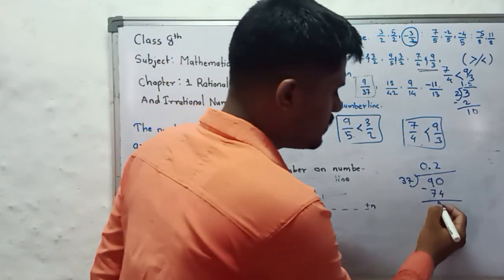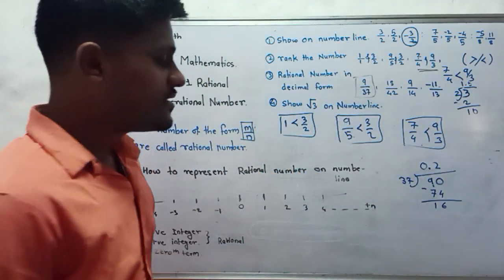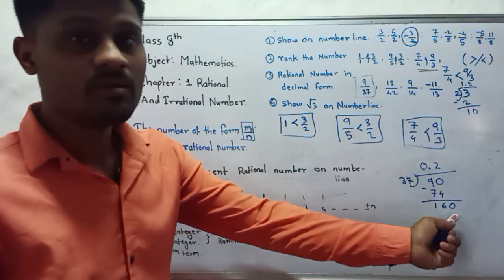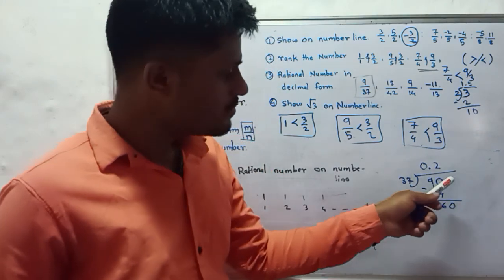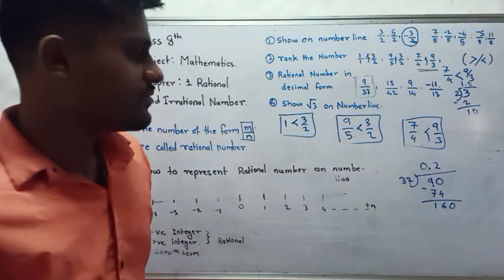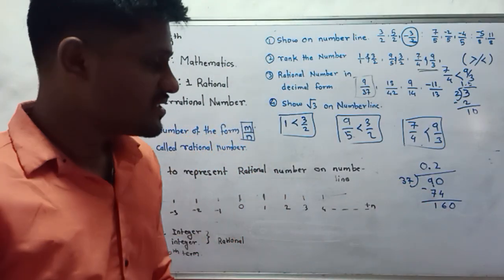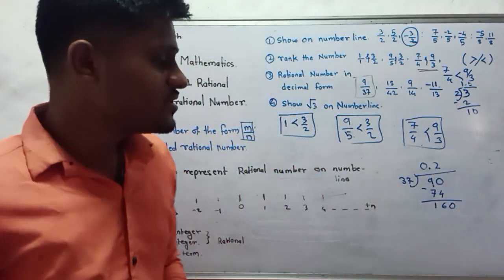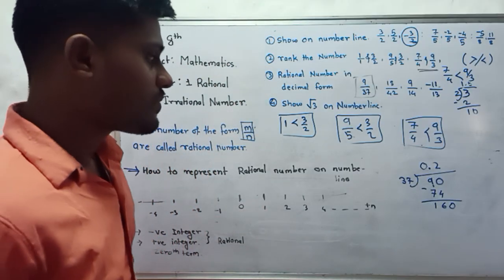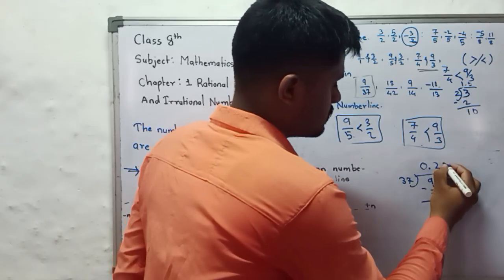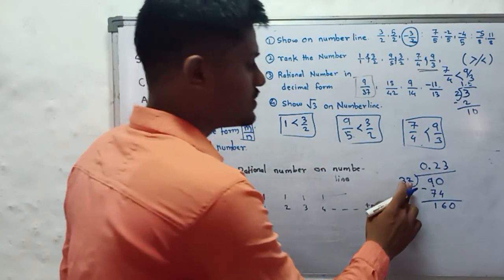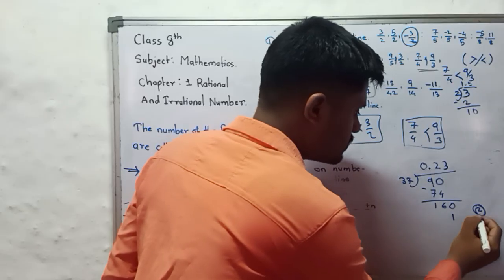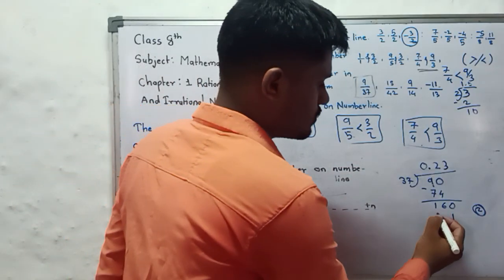Okay, we got a value of 16 here, and 16 cannot come in the table of 37, but now as we have written the point, we got permission to write a 0 here, and all the places after the point are 0, so it will definitely come down. So 37 and 160. Now we have to count the table of 37, that is 37 into 3. 7 3s are 21, carry 2, 3 3s are 9, 9 plus 2 is 11.